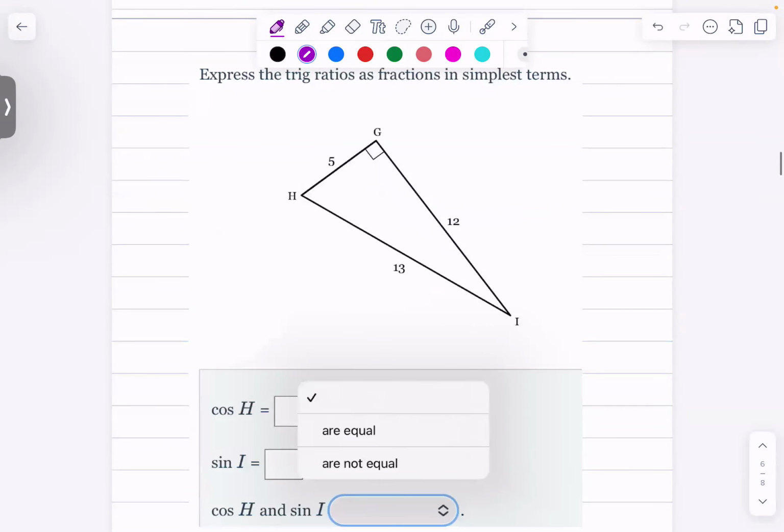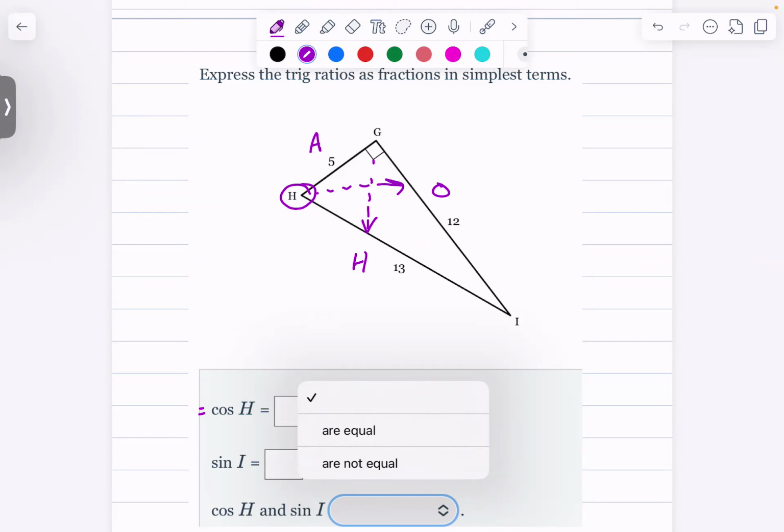Express each trig ratio as a fraction in terms of the simplest form. So the cosine of H. If H is what we're looking for, opposite the 90-degree angle is your hypotenuse, opposite angle H is your opposite side, and the last side is your adjacent side. That's how we're going to label throughout this whole trig unit.